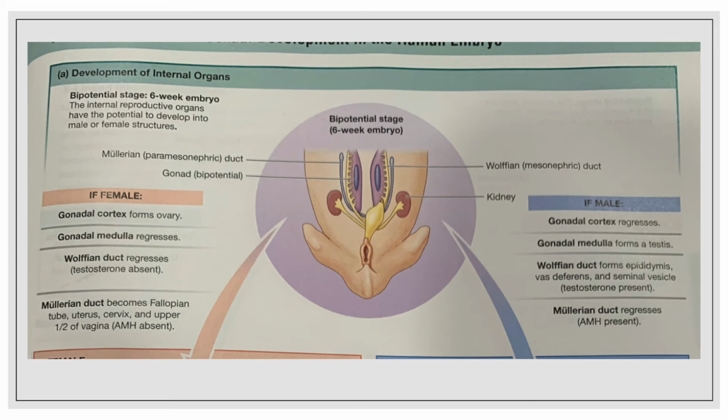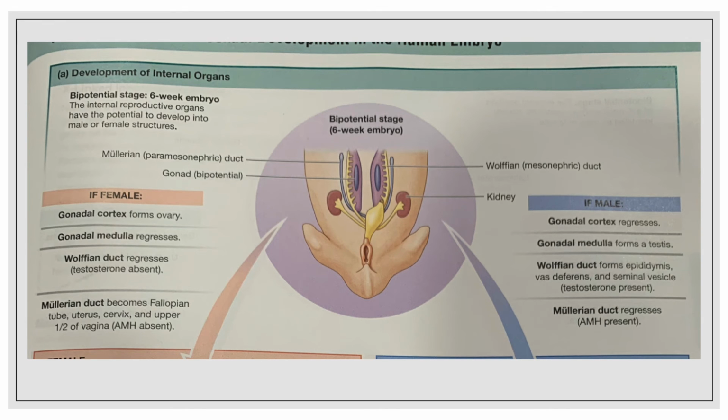If the embryo is a male, there will be an anti-Mullerian hormone present, causing the Mullerian duct to regress and the Wolffian duct to continue to form the epididymis, vas deferens, and seminal vesicle. You also see that testosterone is present for this portion.